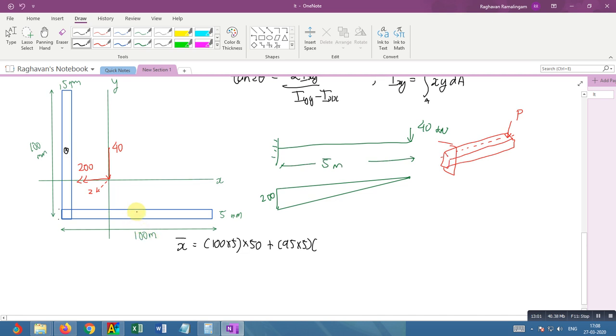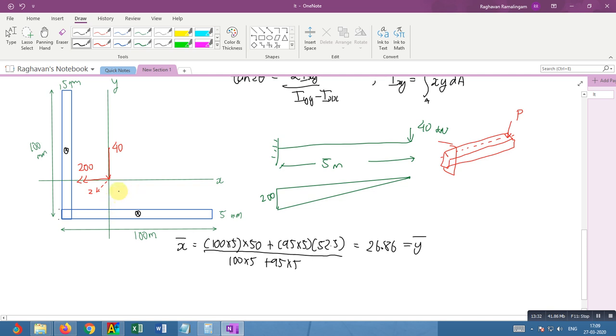This is the centroid of this part, this is the centroid of this part. So here to here is 95, which means here to here is 47.5, and you have this extra 5, so 52.5, divided by 100 into 5 plus 95 into 5 gives me 26.86. And since this is an equal angle, you can be sure this will also be equal to y bar.